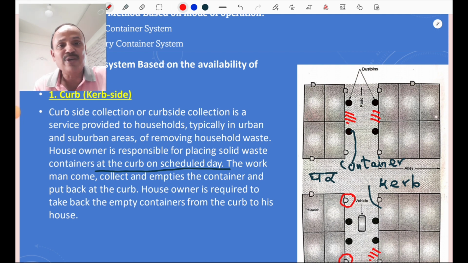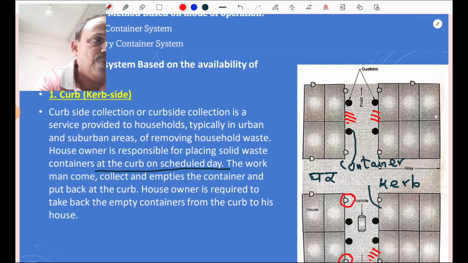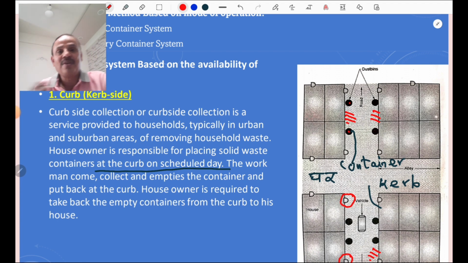The house owner is required to take back that empty container from the curb to the house. We know that the curb stones are placed at the edges of the road. This is the curbside, and containers are placed there, and the garbage or solid waste is collected and transported, and again the containers are taken from that place to the house. This is the curb system.